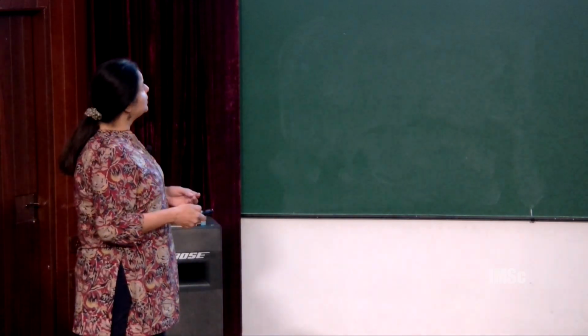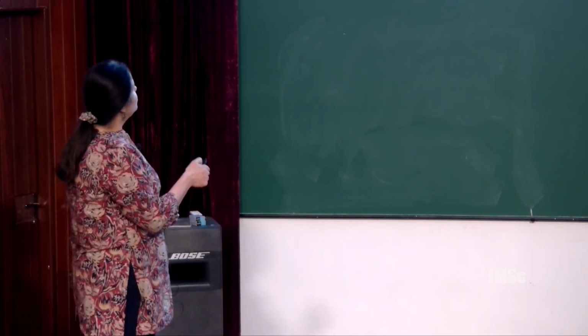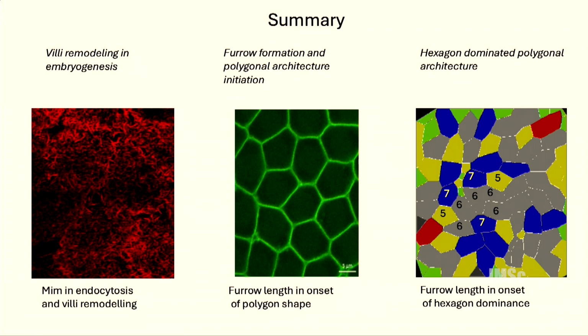But just to continue from yesterday, what I showed you was that in the early Drosophila embryo, there is a morphological shape change taking place where one sees the apical membrane as rich in villi-like structures. It forms polygonal structures, organized in various kinds of polygons with a hexagon dominance, and this changes as development proceeds.